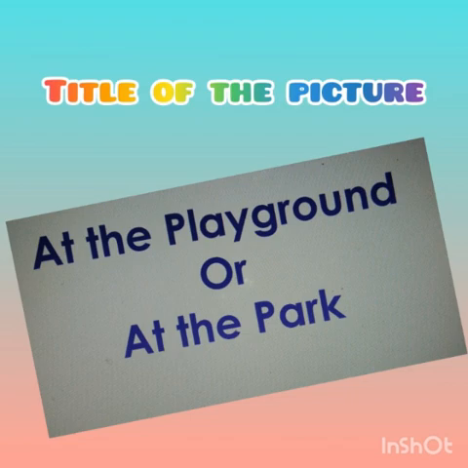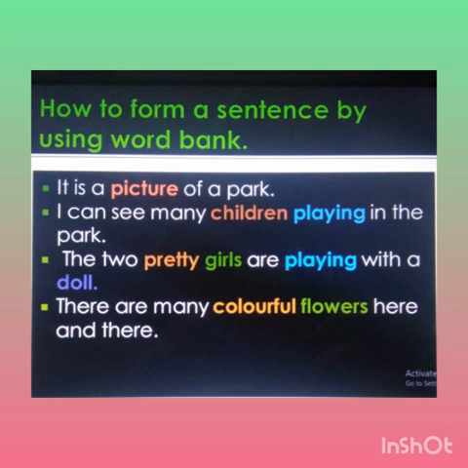Here I am going to show you guys how we can form a sentence by using the word bank. For example, first we have to talk about the picture, what this picture is about. For this, we can write: it is a picture of a park. In the next sentence, you can start with I can see.